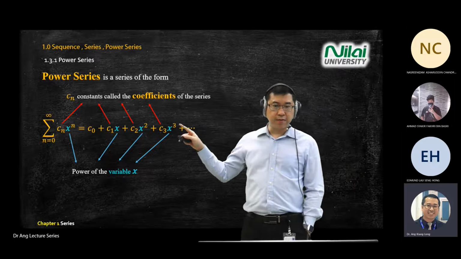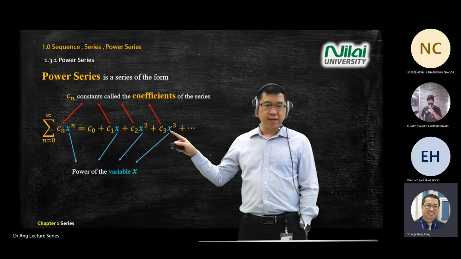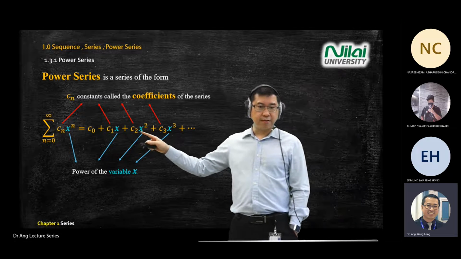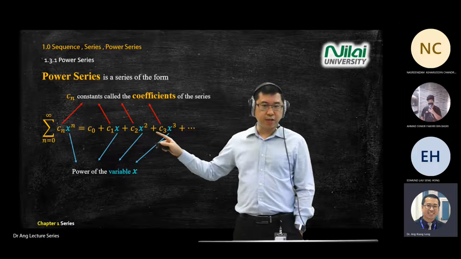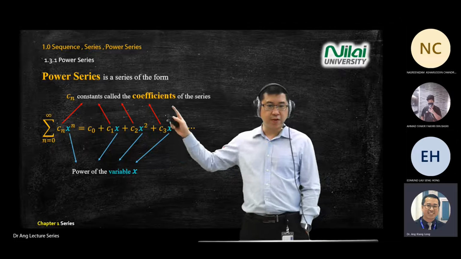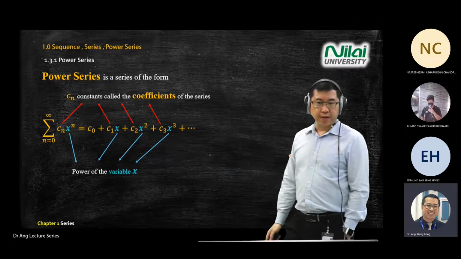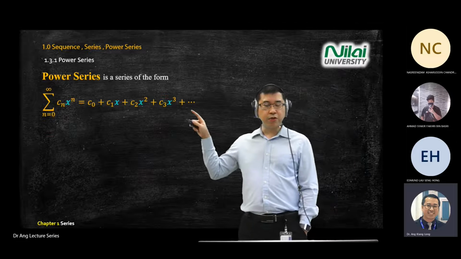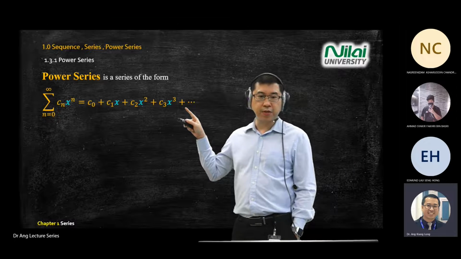Coefficient means a constant in front of the x. So in this equation, you have C0, C1, C2, C3. All these are called coefficients. So we have introduced the definition of the power series equation.